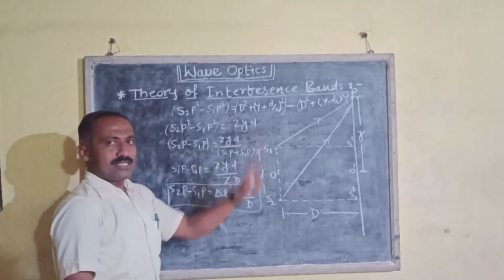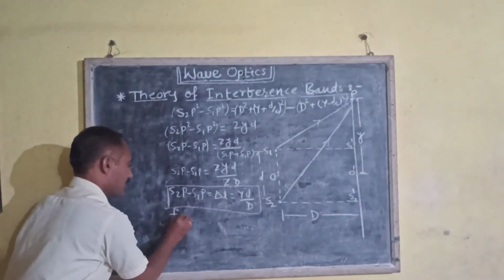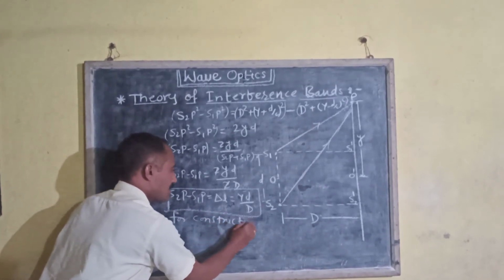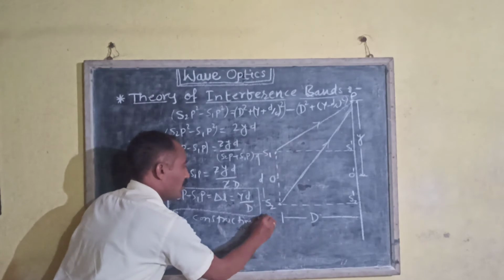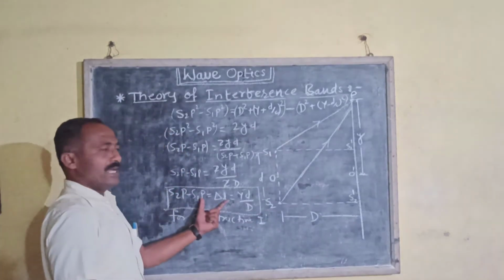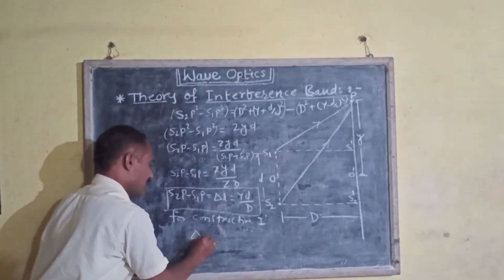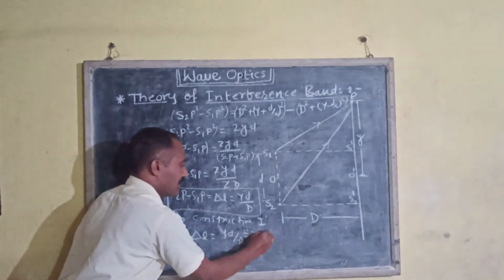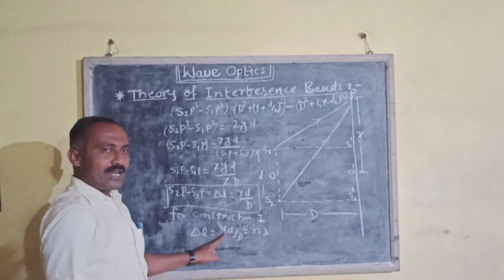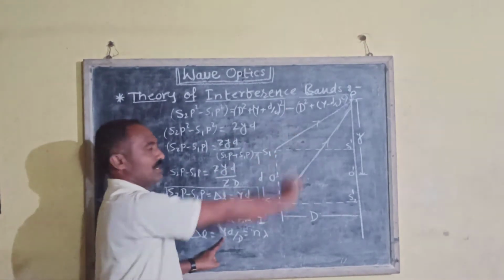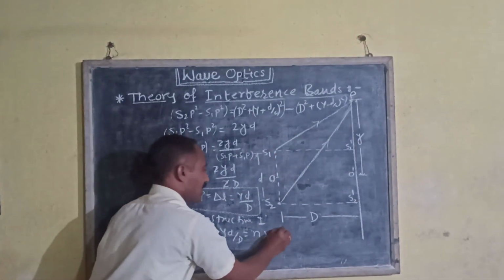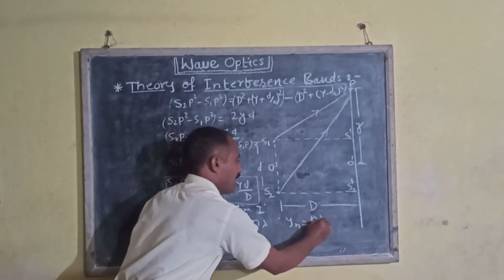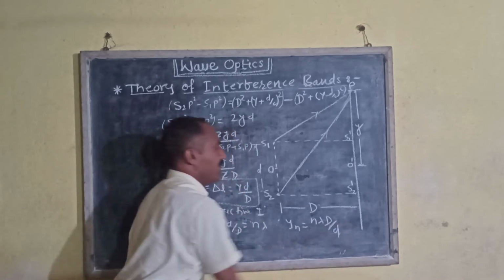For constructive interference, delta L is equal to yd upon capital D is equal to n lambda, so the position of the nth bright fringe, yn, is equal to n lambda capital D upon small d.